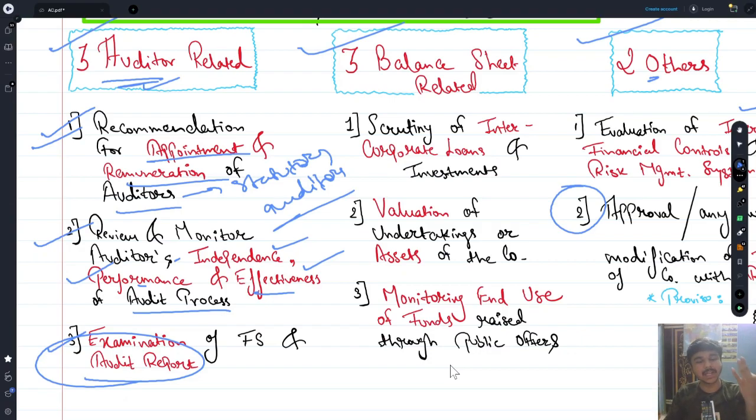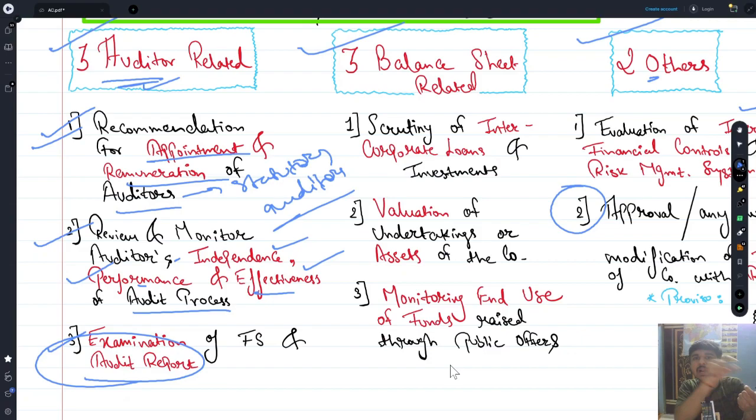So these are the 3 auditor related functions that the audit committee is going to perform. See, the audit committee is an integral part of a company, of an organization. It is going to do these 3 things related to statutory auditors. First, who should be the statutory auditor, so they will recommend the appointment and remuneration.